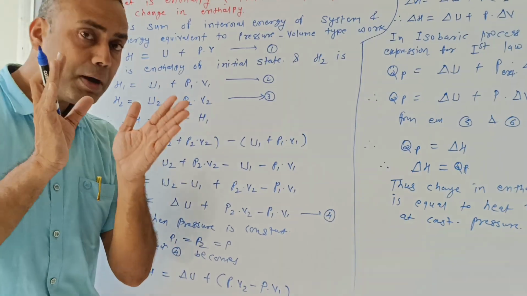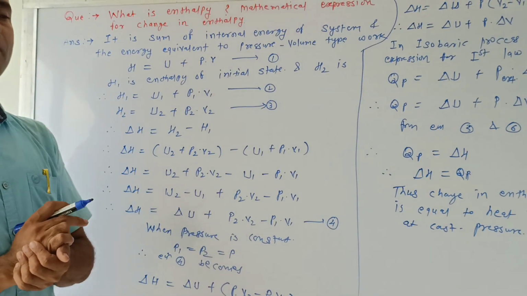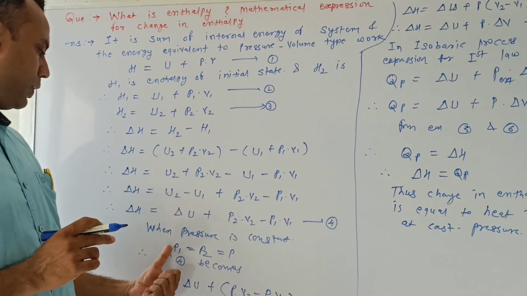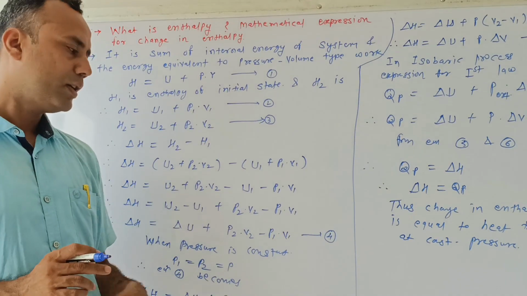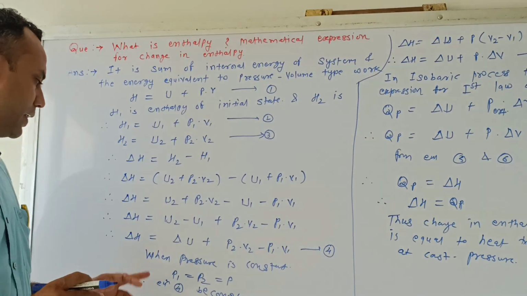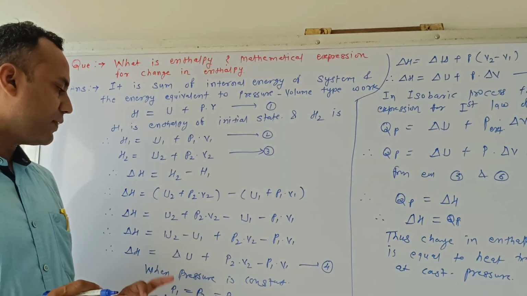ओके, हम अब कंडीशन रखने जा रहे हैं. When pressure is constant, P1 is equal to P2 is equal to P. तो इक्वेशन 4 को हम चेंज करेंगे. डेल्टा H is equal to डेल्टा U जैसे के वैसे.